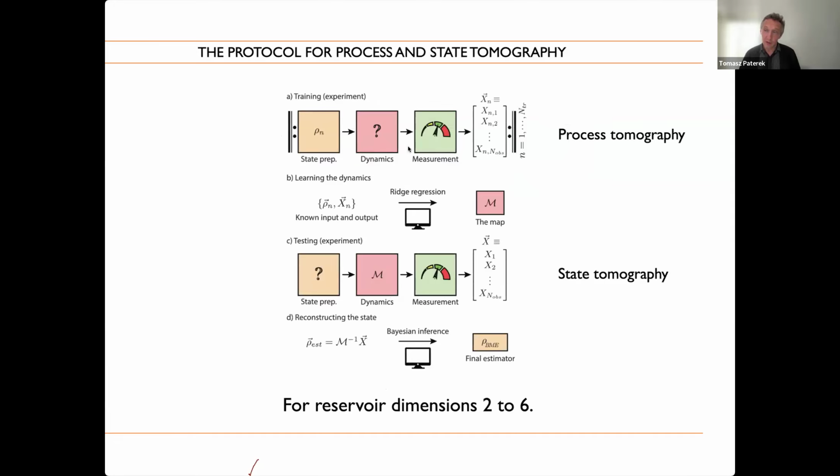And then we gave a procedure: you prepare these d squared states, you let them go through an unknown process. There is some dynamics, but you don't know what it is. Then you perform a specific measurement that I will show you in a second, and you build a vector out of the mean values that you obtained in this experiment. You repeat it for these d squared states.